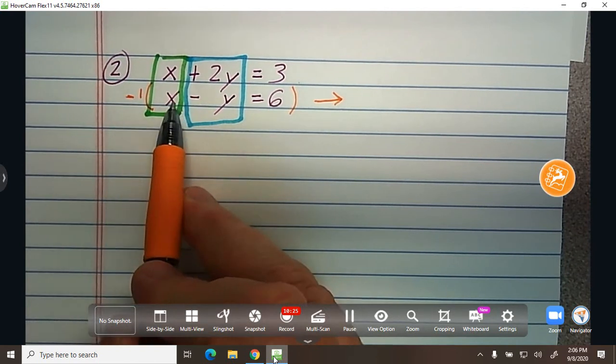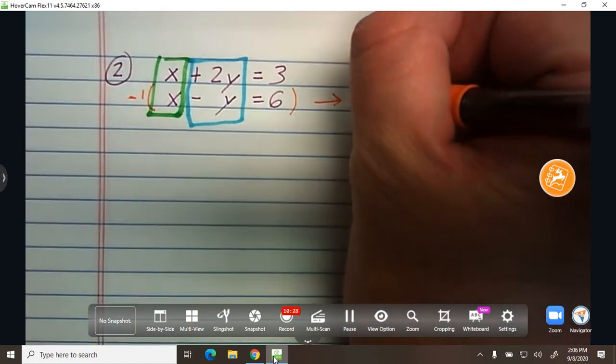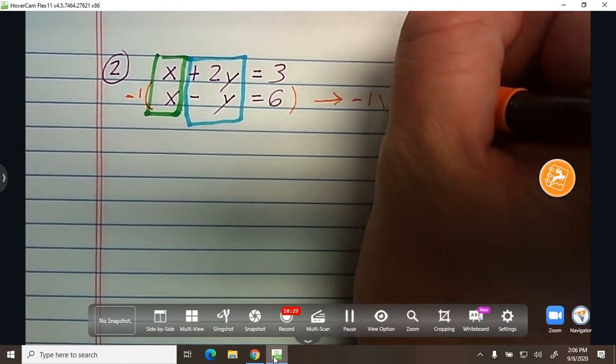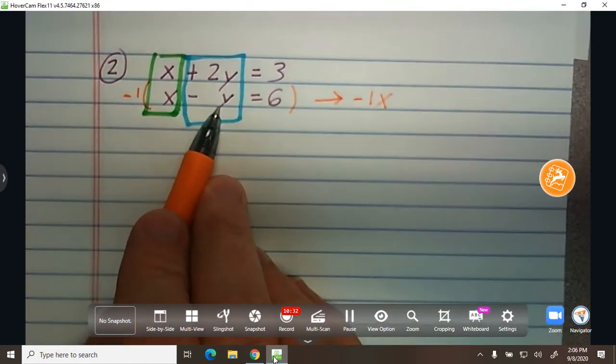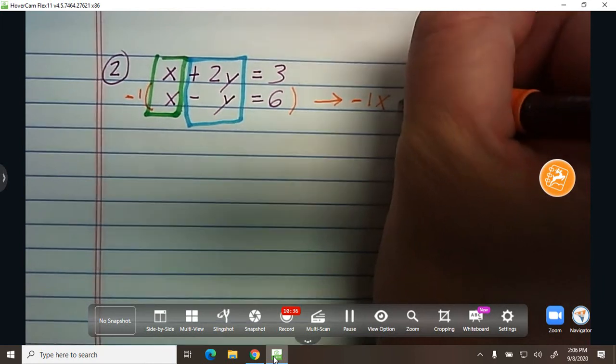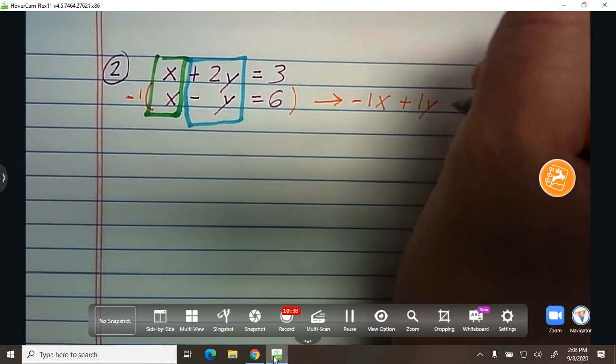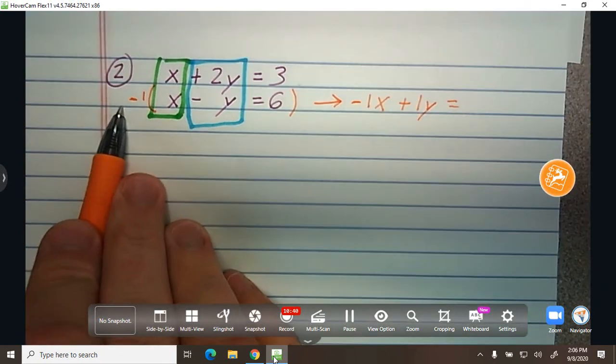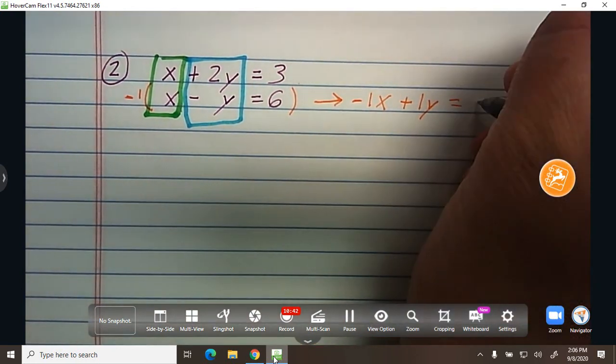Negative 1 times x, negative 1x. Negative 1 times negative y would be plus y. Or 1y, same thing. And then negative 1 times 6, negative 6.